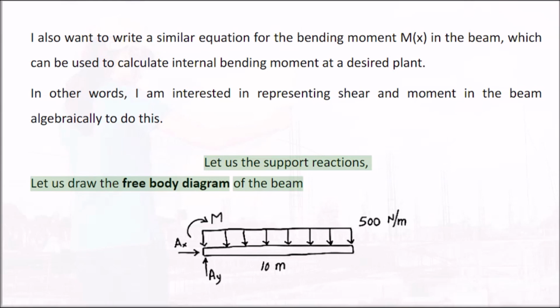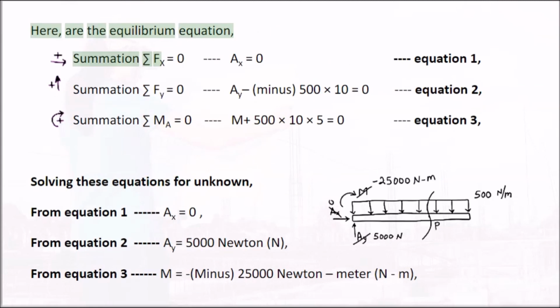Let us draw the free body diagram of the beam. Here are the equilibrium equations. Summation Fx equals 0, Ax equals 0, equation 1.